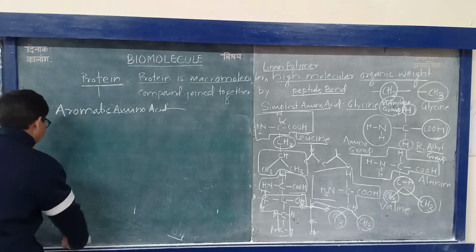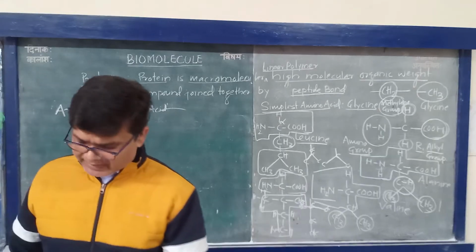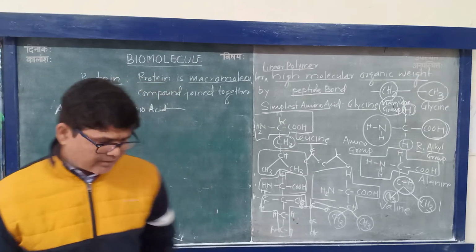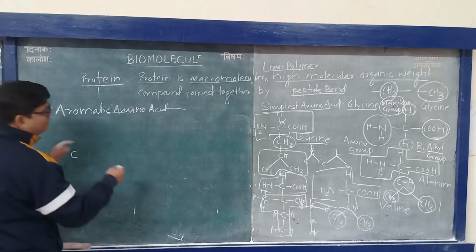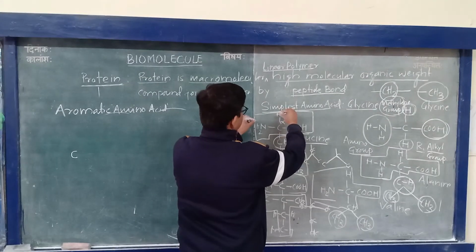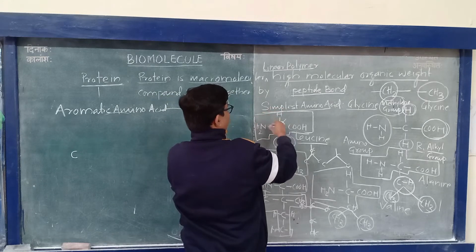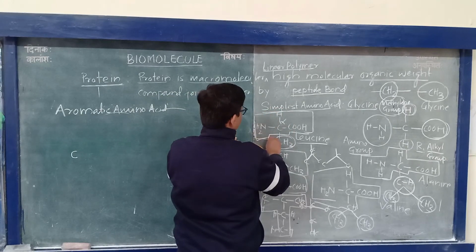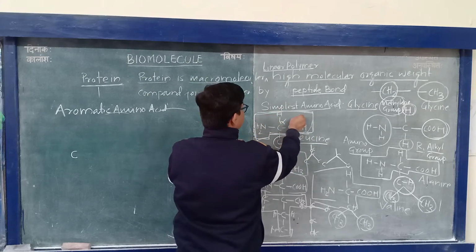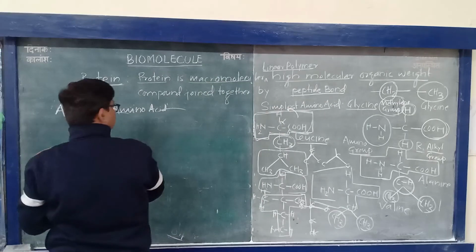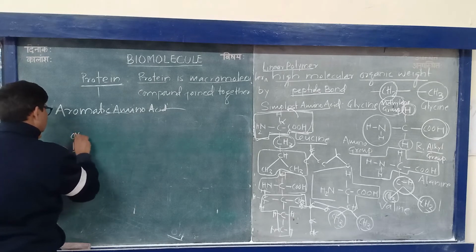tryptophan. The tryptophan contains the maximum carbons. You will find, in case of tryptophan, the maximum carbons. Okay, so now I am going to tilt this structure like that. If you tilt it in the anti-clockwise direction, this portion will come in the upper position like COOH.